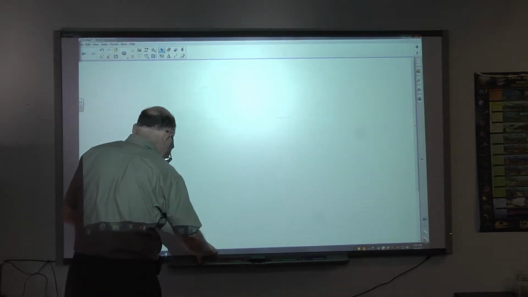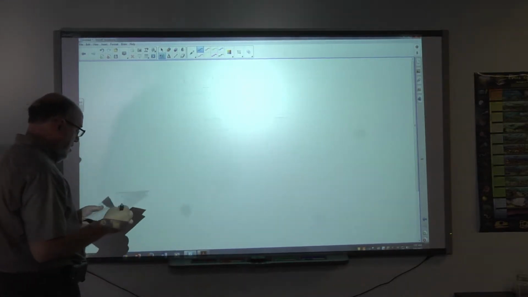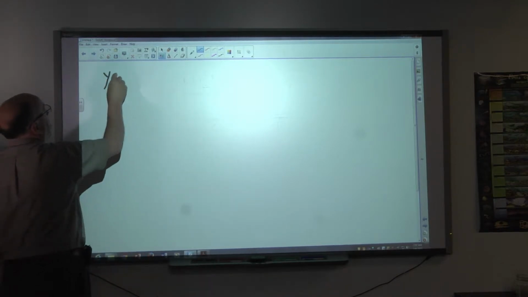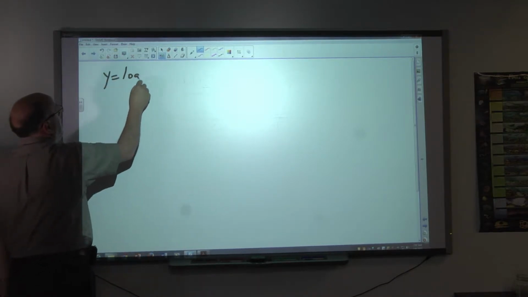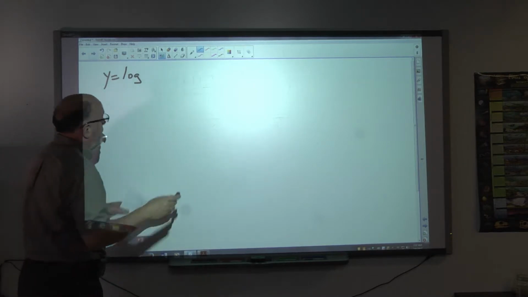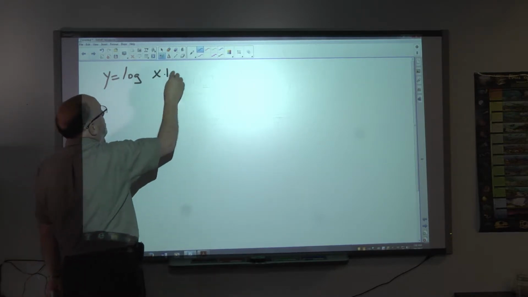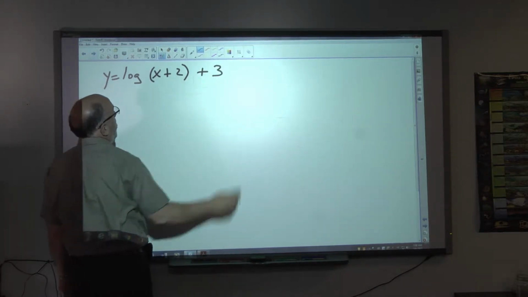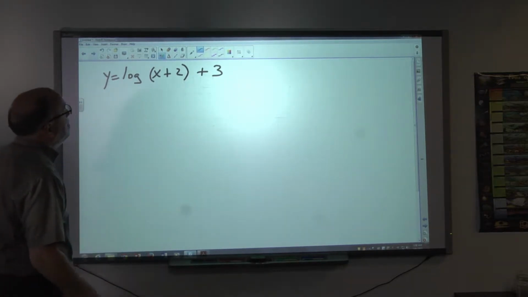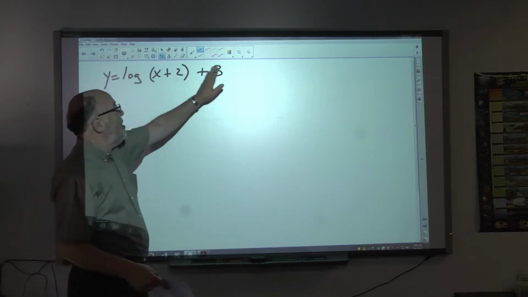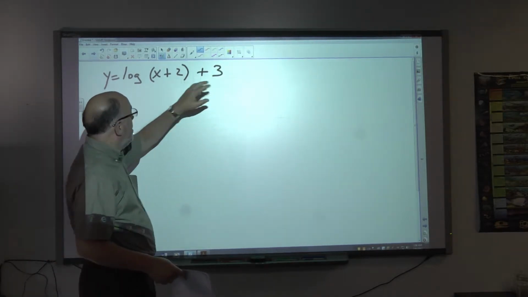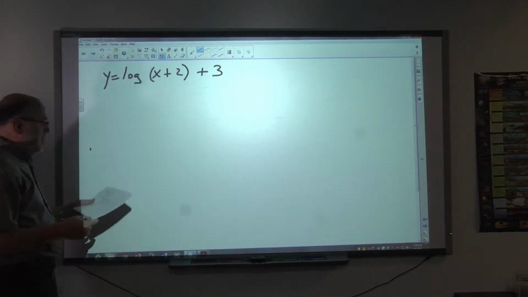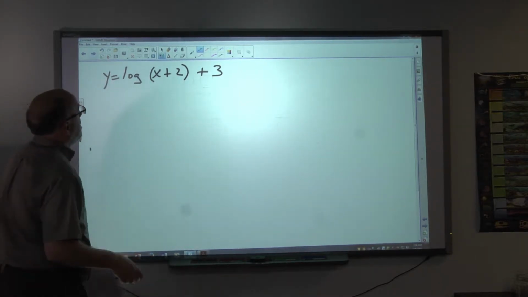Okay. Just like we saw last week, we can take our graph and move it around. If I have something like this, it works the same way as it did with our exponential, in that this number out here is your up and down, and this number, which is part of the function, is your left and right.